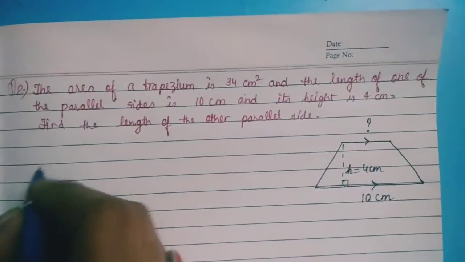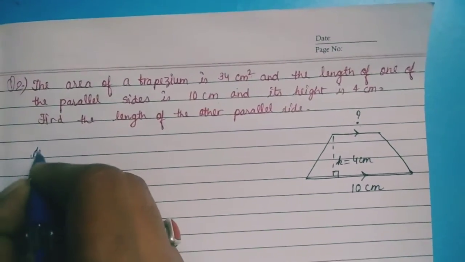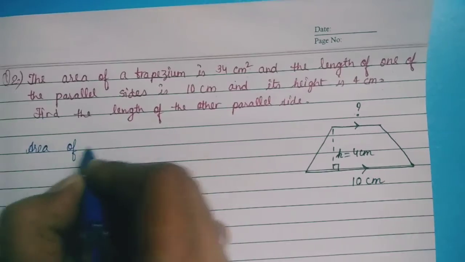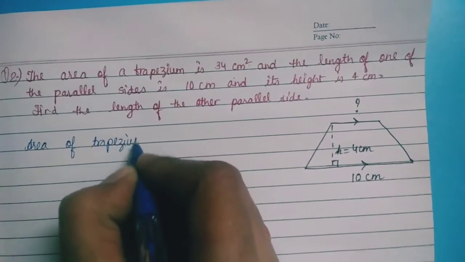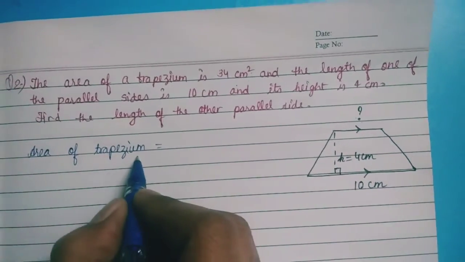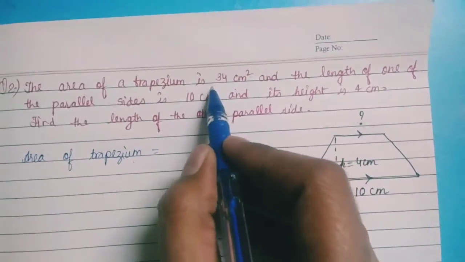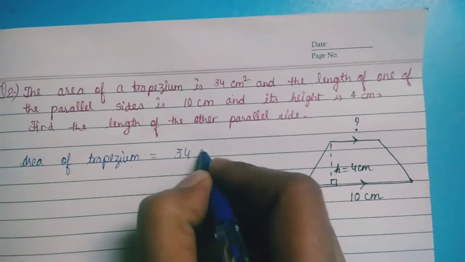For that, we will apply the area of a trapezium. We know that in the question the area of the trapezium, which is already given, is 34 centimeter square.